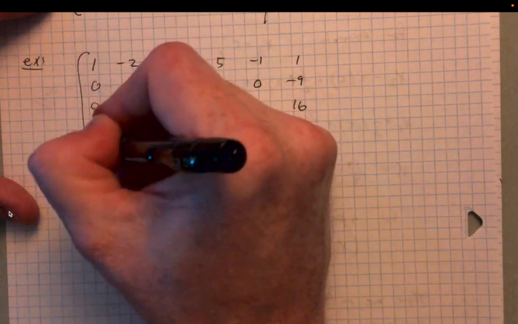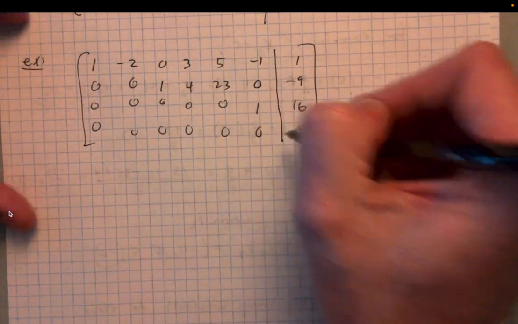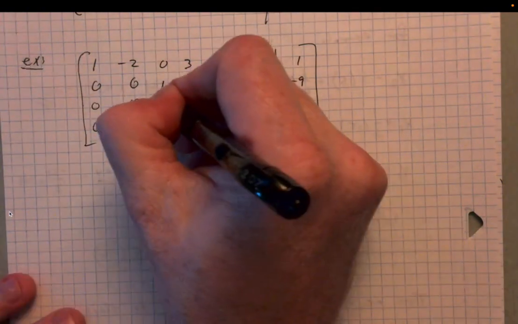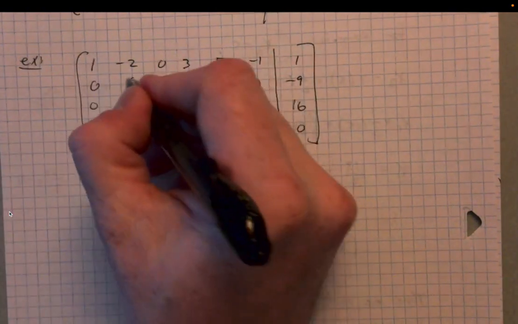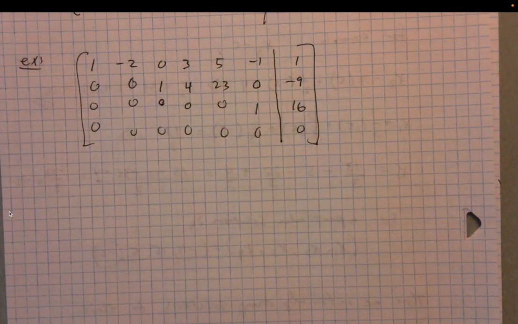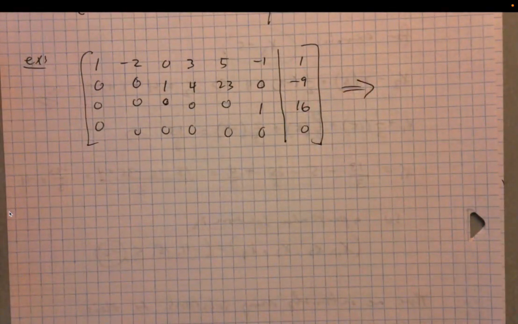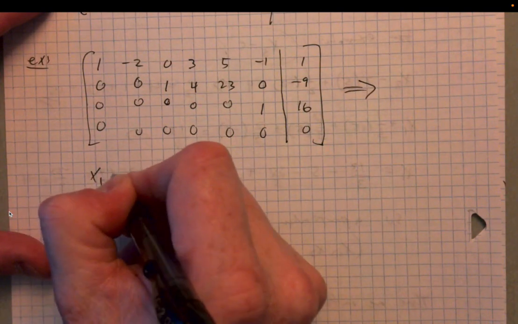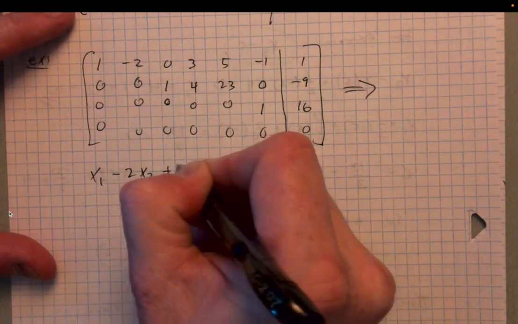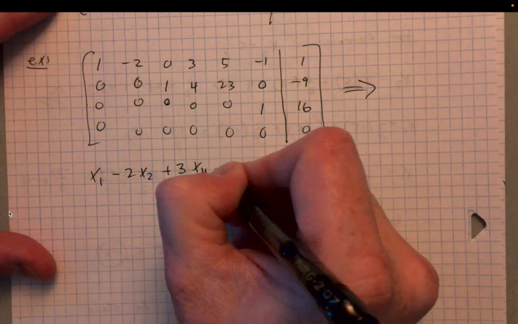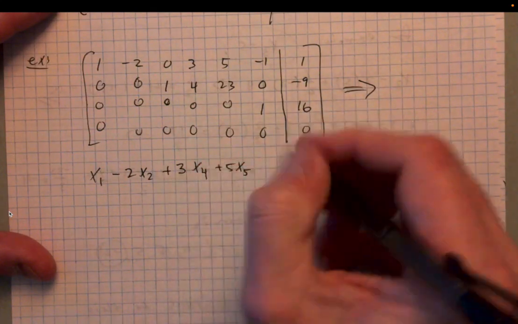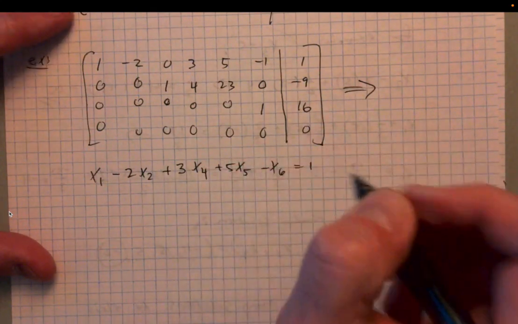Okay, so this is my augmented matrix after I have gone through the Gaussian elimination process. I've got my pivots and my matrix structure is upper triangular. This can be converted into the system x1 minus 2x2 plus 3x4 plus 5x5 minus x6 equals 1.